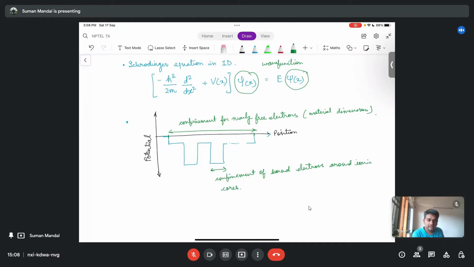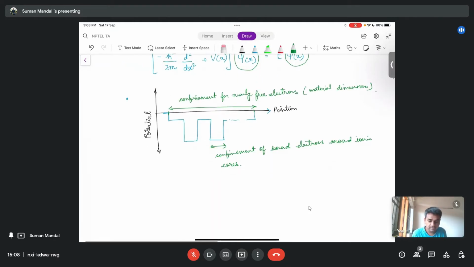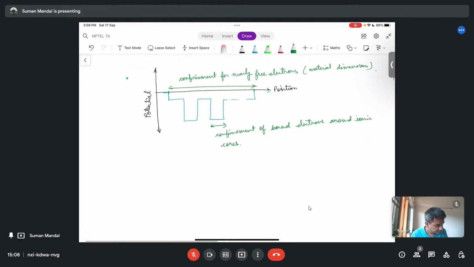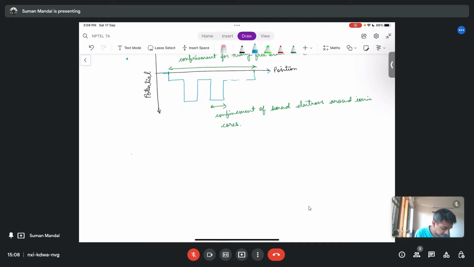If we take one of these potential wells, as we discussed in the previous assignment, and this dimension is given in the question to be A in angstrom for the bound electrons, we consider that the potential here is 0 and the potential is infinity outside.